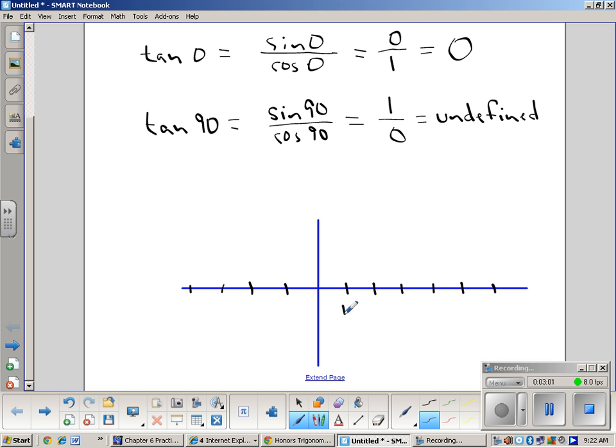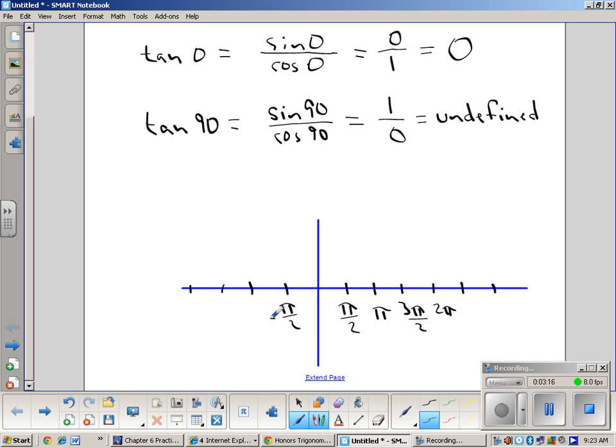This would be pi over 2, pi, 3 pi over 2, 2 pi, and then we can continue on.